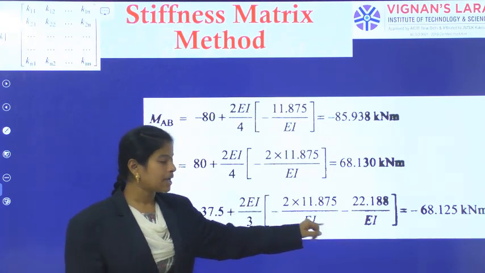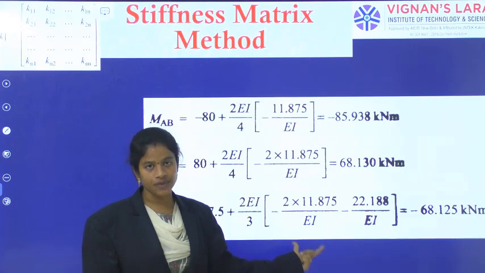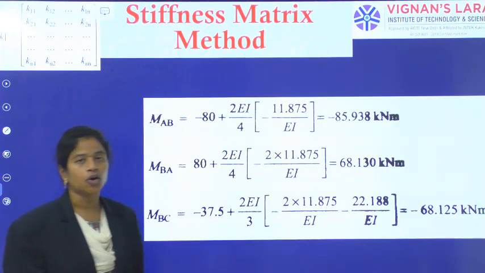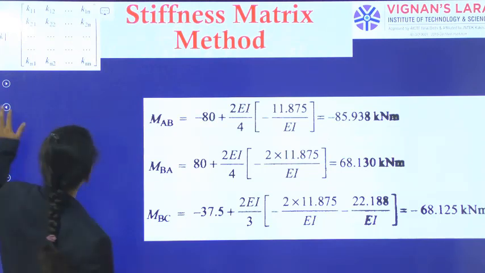Here it already has the minus, so I am keeping it as it is, and the final output we have got like this. In this way the final support moments are calculated.